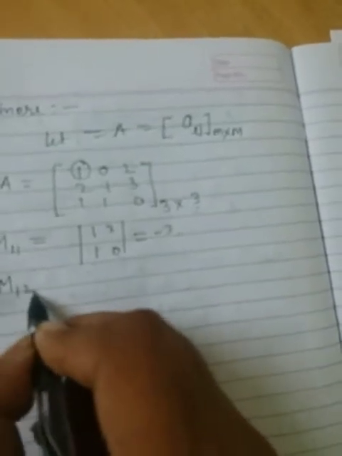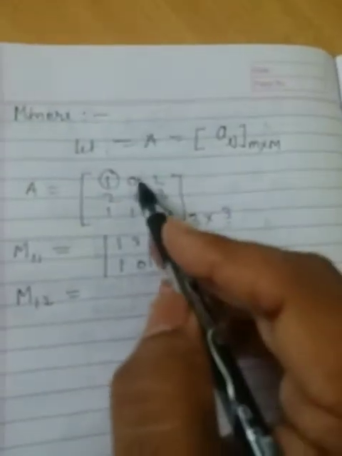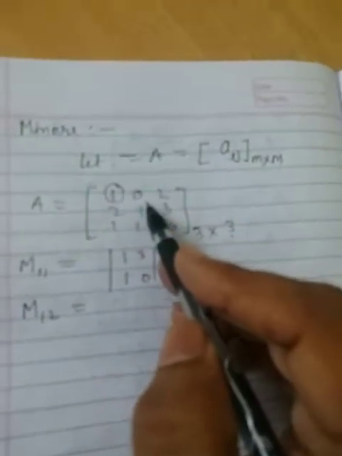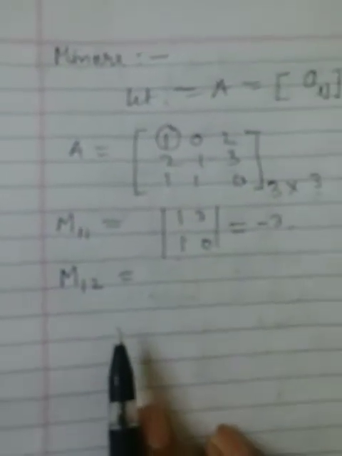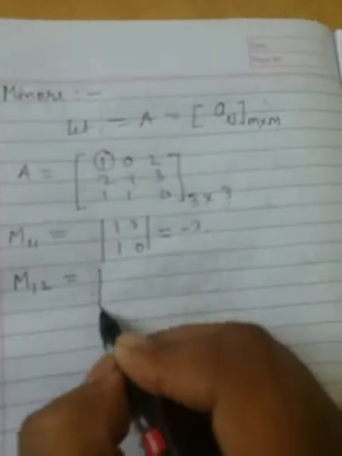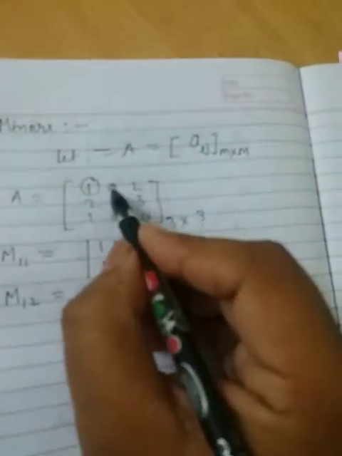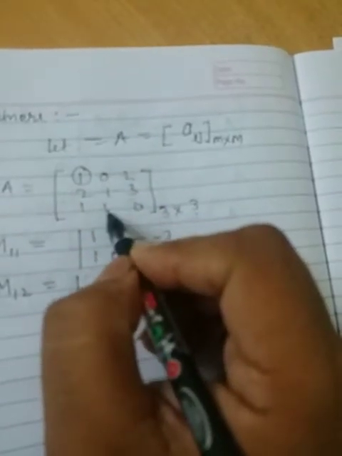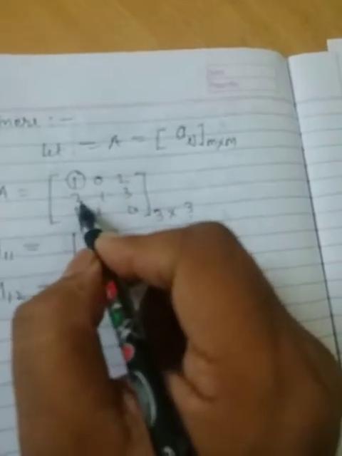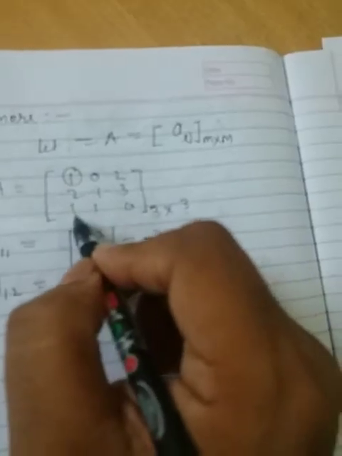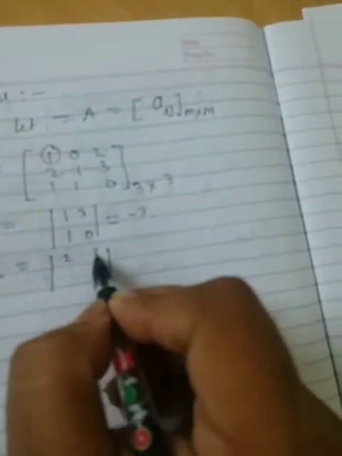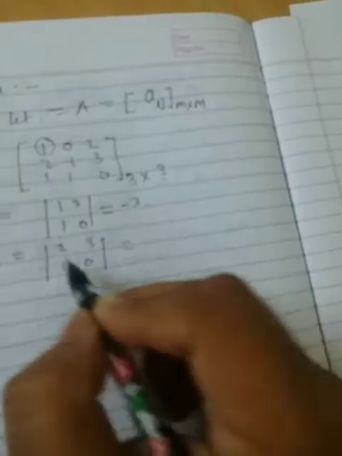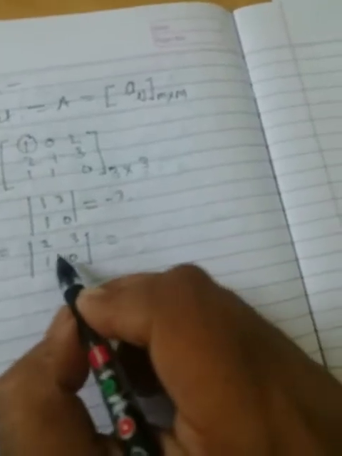Similarly, corresponding to the second element there will be one minor M12, and again you have to do the same thing. The row from this and the column from this will be deleted. We are left with the elements 2, 3, 1 and 0. You write 2 3 1 0 and find the value of this determinant.